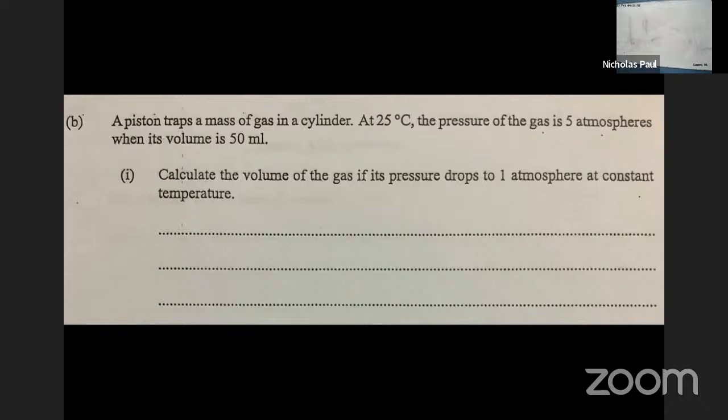Go ahead, have fun, try that fast. Take your time. And remember that it's okay to work in atmospheres and milliliters. Just all temperature must be in Kelvin.